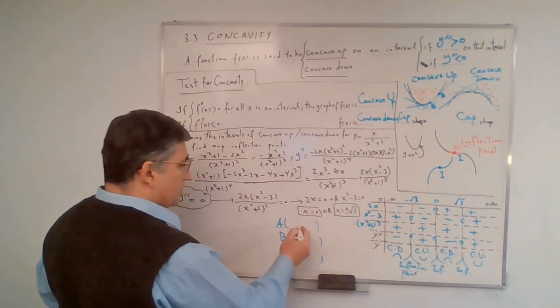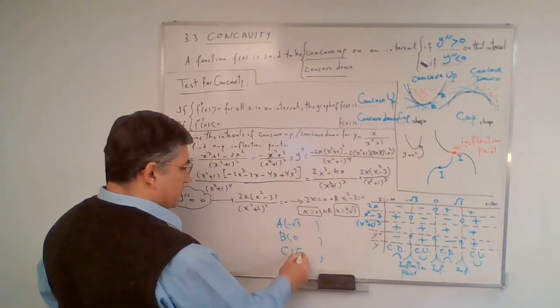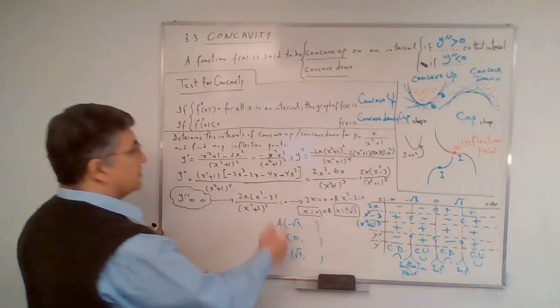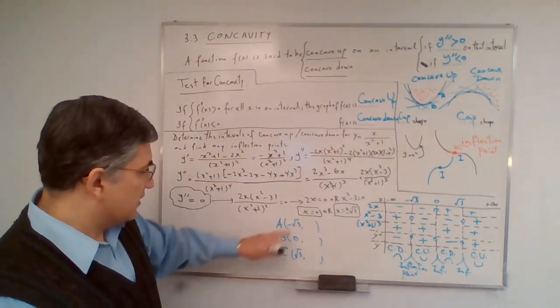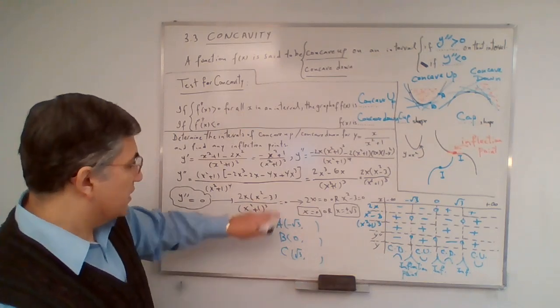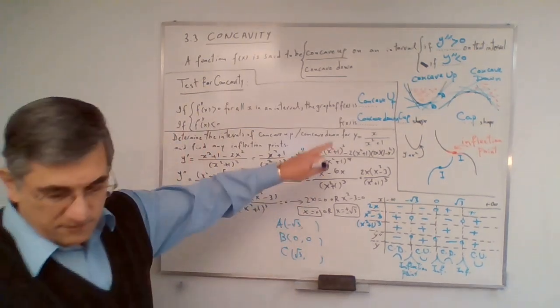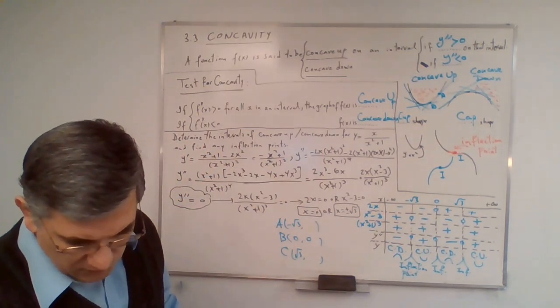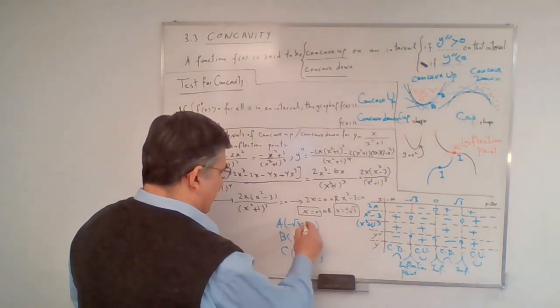So negative square root of 3, 0, positive square root of 3, I can plug these values in the equation of the function actually, and I can calculate the y-coordinates of these inflection points. If you plug in 0, it's going to be 0. If you plug in negative square root of 3, you will end up with minus root 3 over 4.